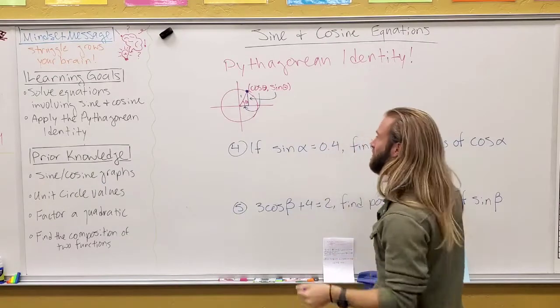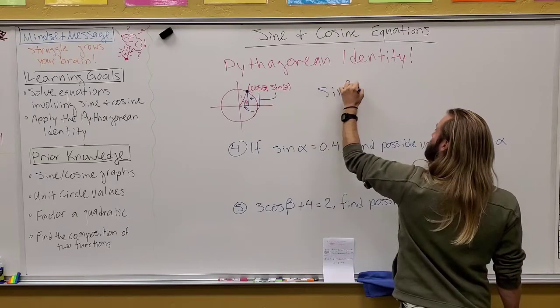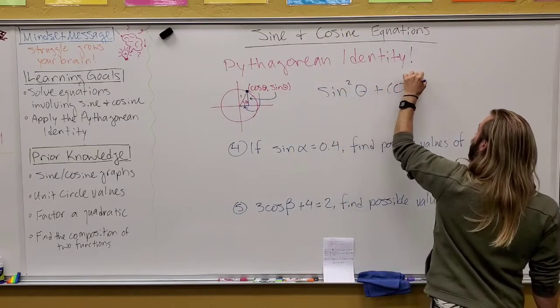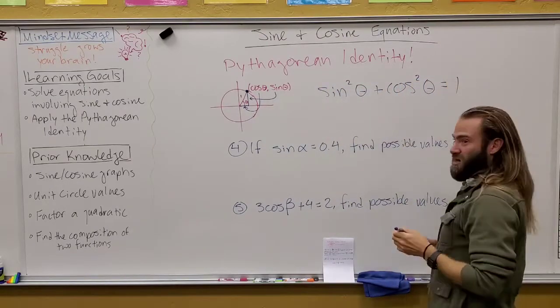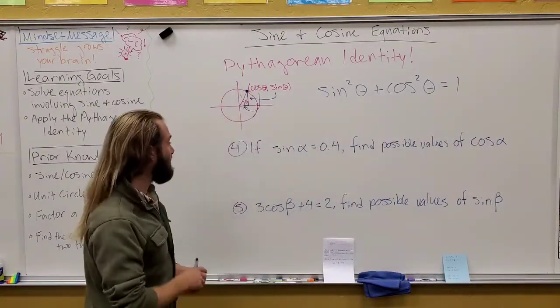A squared plus b squared equals c squared. So here what we can say is sine squared theta plus cosine squared theta equals 1. And that happens to be true no matter what. Okay? That's a really nice identity.